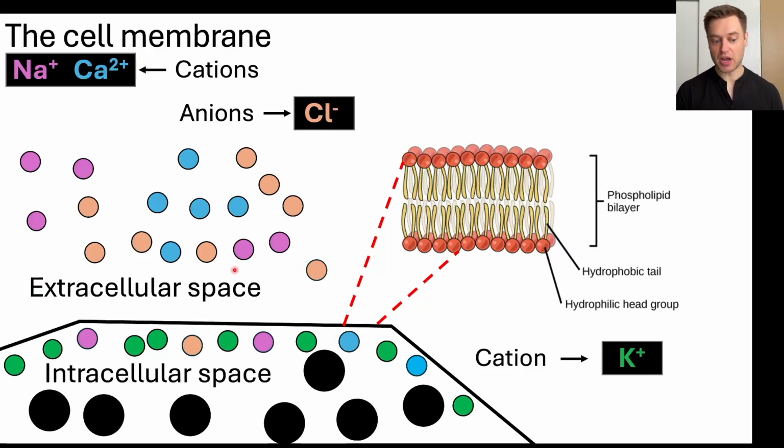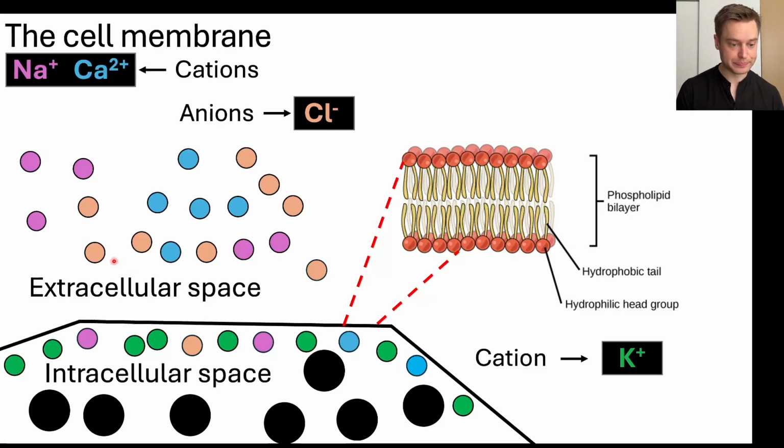So there is some kind of electrical potential between these ions wanting to move around, and since they can't freely move, that's what's going to give us the basis for this electrical activity that we're going to be talking about.